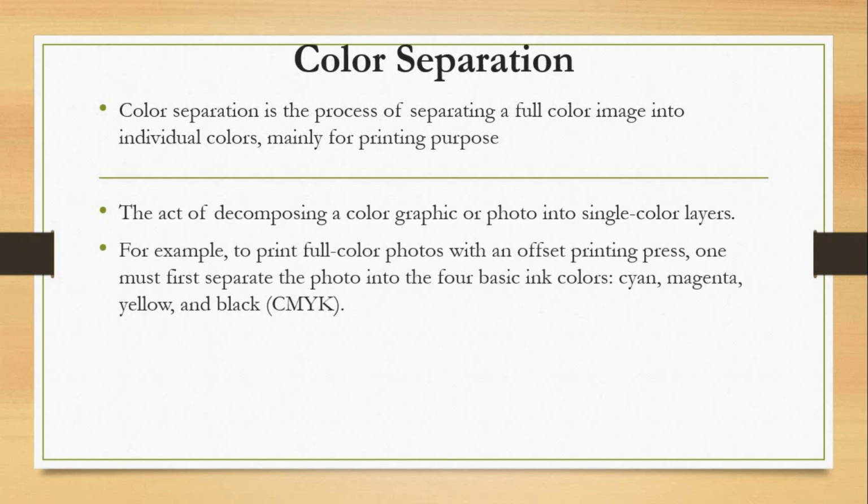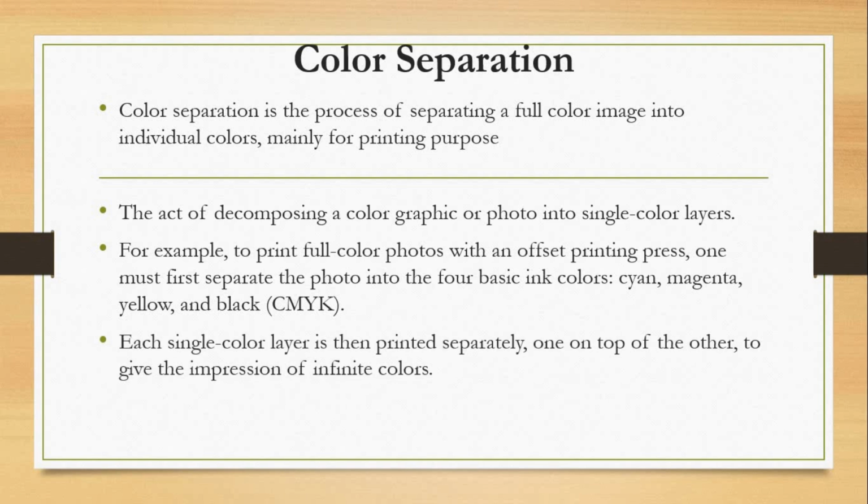For example, to print full color photos with an offset printing press, one must first separate the photo into 4 basic ink colors: cyan, magenta, yellow and black. Each single color layer is then printed separately, one on top of the other, to give the impression of infinite colors.